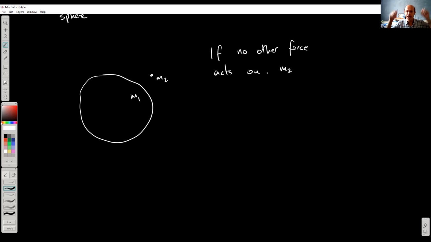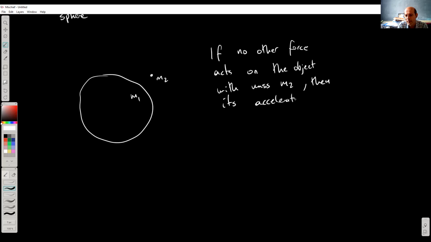If no other force acts on M2, but I should use the language correctly: if no other force acts on the object with mass M2, where M2 is the value of the mass, not the name of the object, then its acceleration is the local gravity, right? That's something that we also knew from the previous chapters.